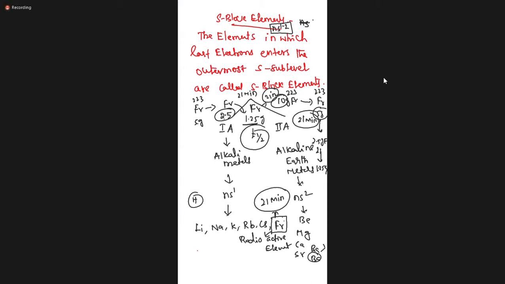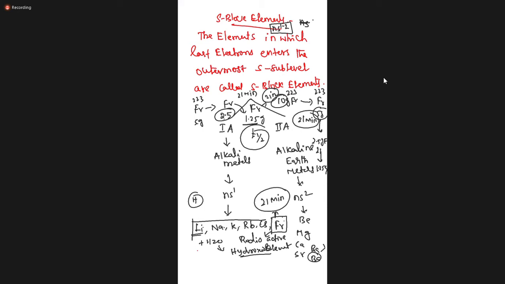Why are these called alkali metals? You know the reason for alkali metals? Lithium, sodium, potassium, rubidium, cesium, and francium: these metals react with water and give rise to hydroxides. That's why they are called alkali metals.